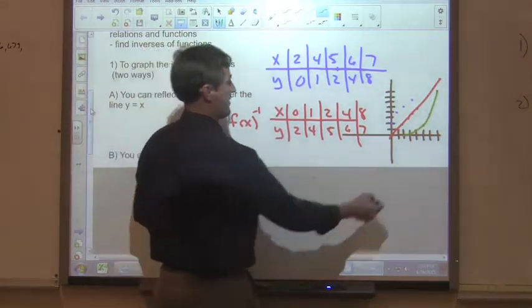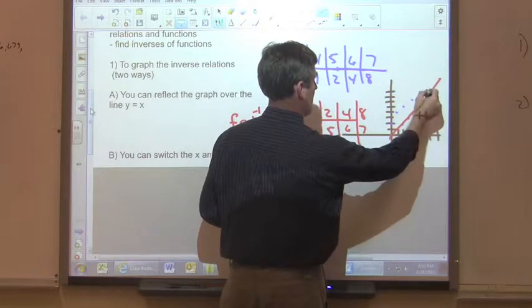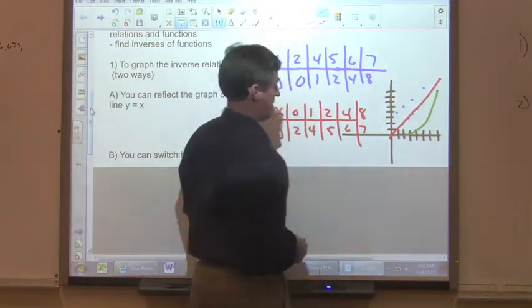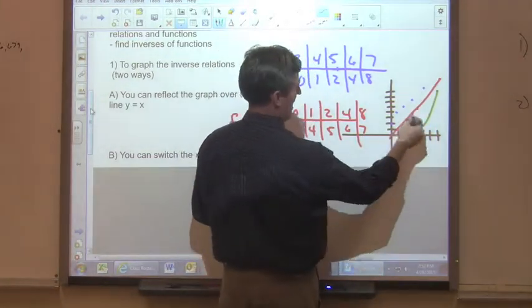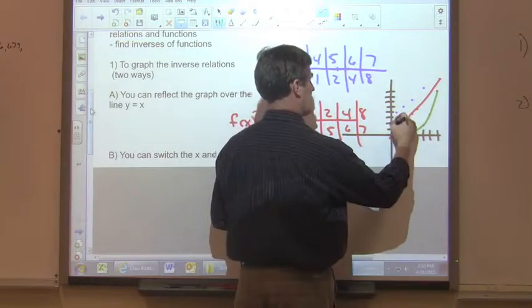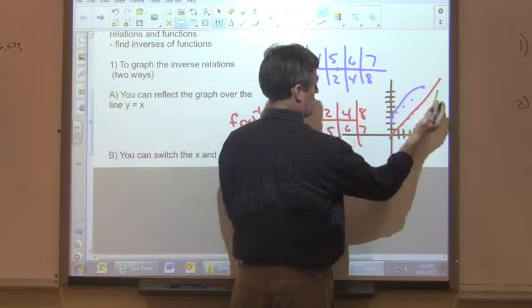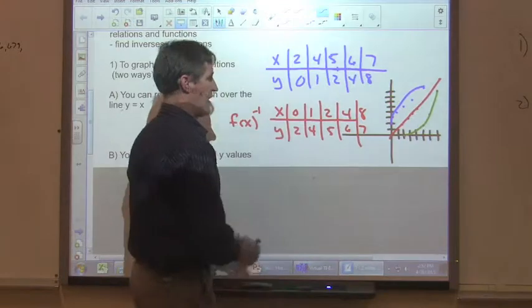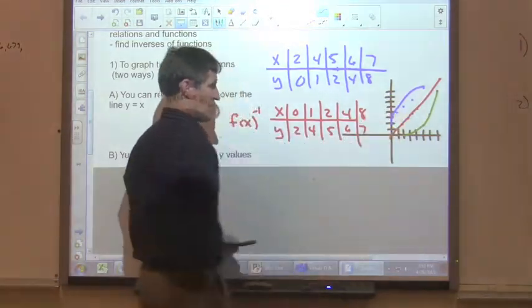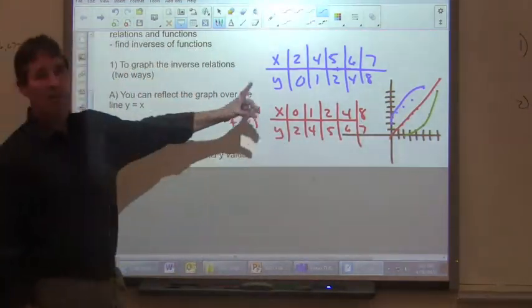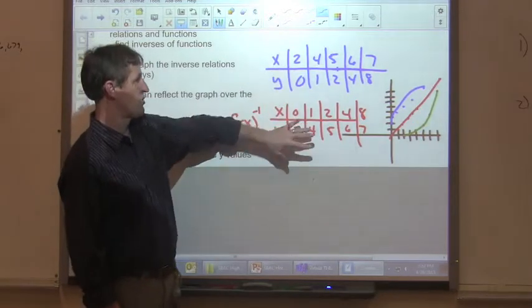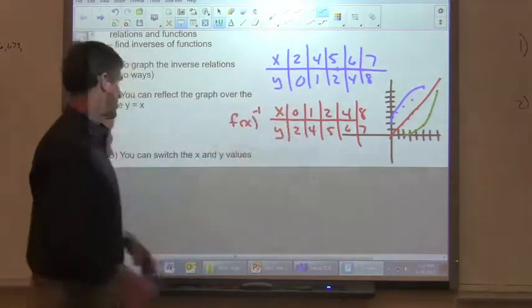And at 7, we are at 8. Okay? And again, my spacing isn't right, but you can see what should happen is it should come out and be reflected over that line. So my spacing's off, so it doesn't look just right. But you can see how much easier it is just to switch those values to get the inverse.